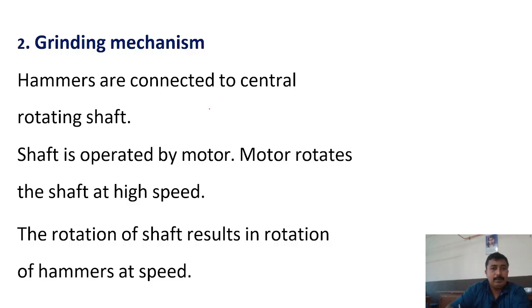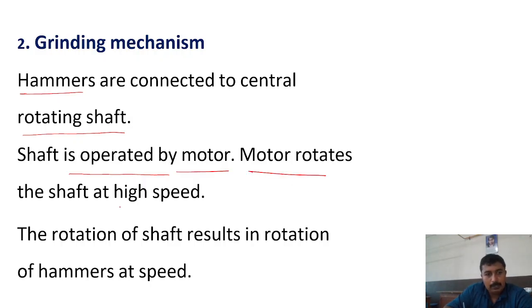As we discussed earlier, the grinding mechanism is the hammers. Hammers are responsible for grinding the powder particles. Hammers are connected to a central rotating shaft, as we discussed in the diagram, and the shaft is operated by a motor. The motor rotates at high speed, and so the shaft rotates, and ultimately the hammers rotate.